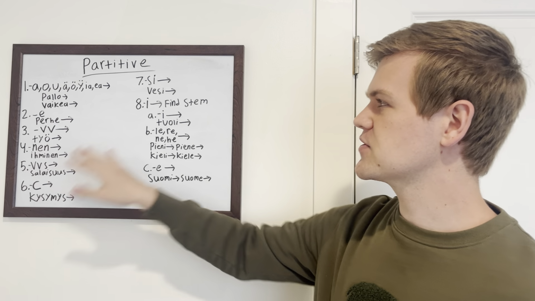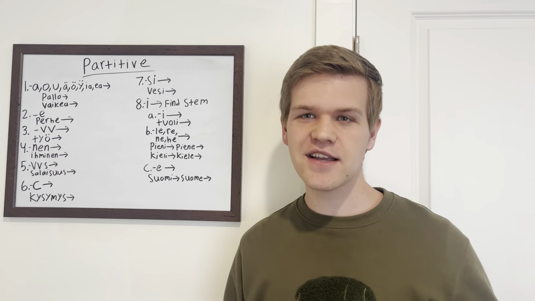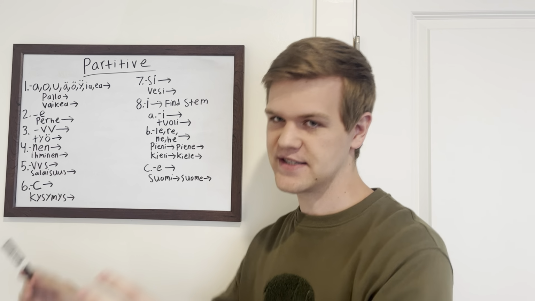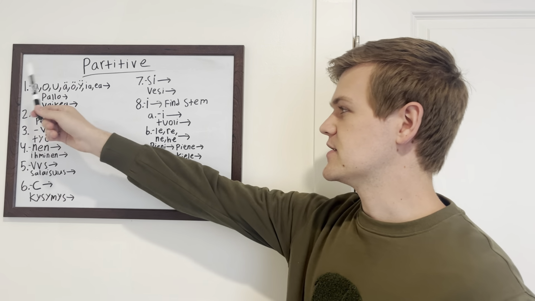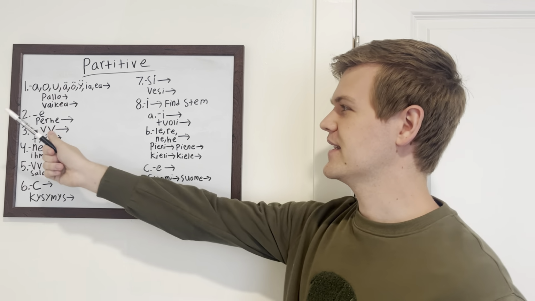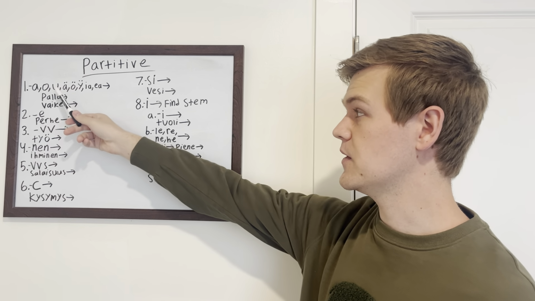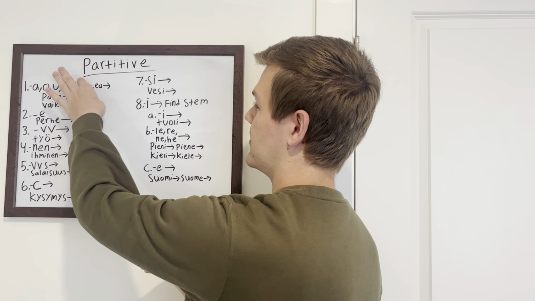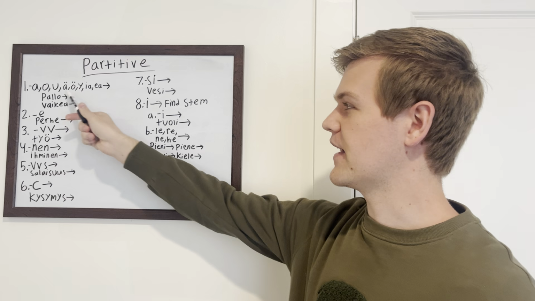I've got, just like usual, all these word endings here. We're going to go through each ending and talk about if a word has this ending, what its partitive form is like. So to start out, this one is probably the most common. It covers a lot. If it ends in a single A, O, U, or any of the high versions of those, I don't know why I put a dot above the Y, it should just be an old Y, but A, O, U, or any of the high versions of those.